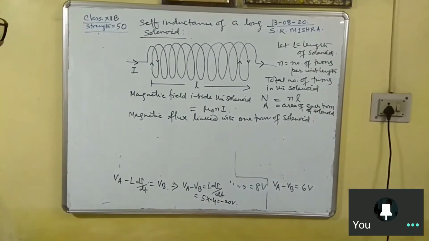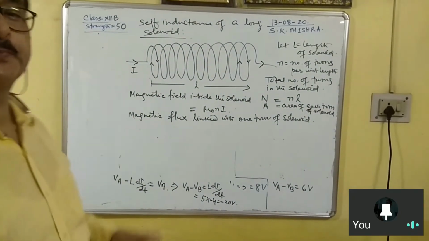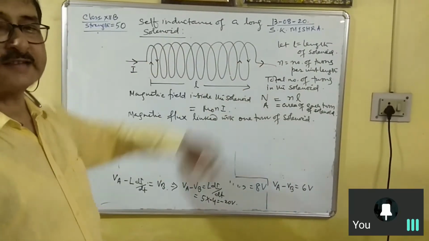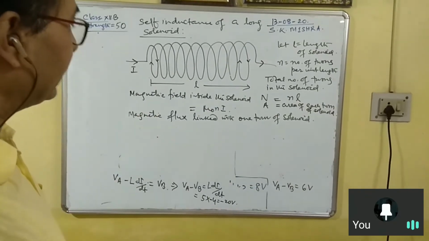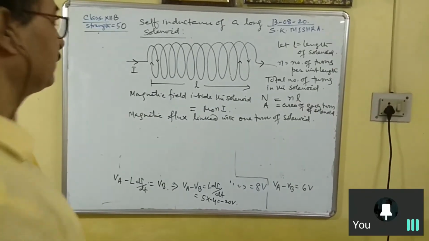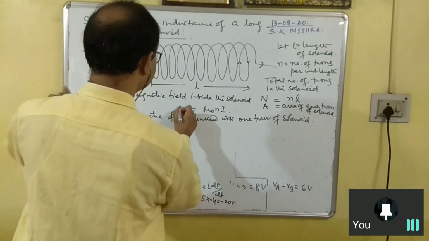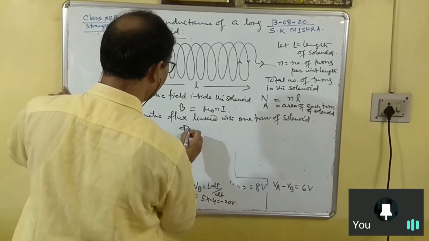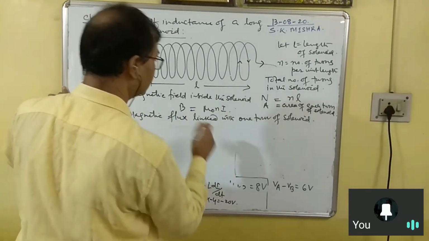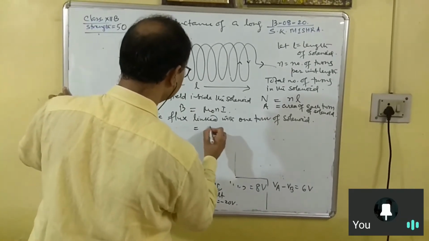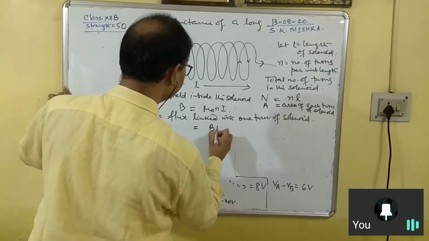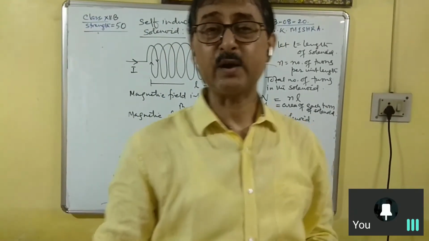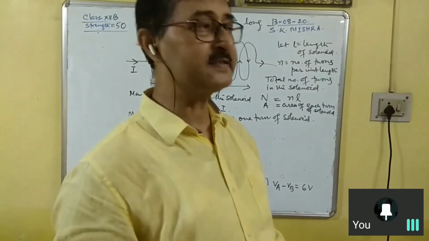So each turn is a circular loop, and this circular loop has magnetic field along its axis. So magnetic flux linked with one turn of the solenoid is phi, I am writing phi for total flux, equal to B into A, because flux is BA cos theta. So theta is 0 degree. Why?